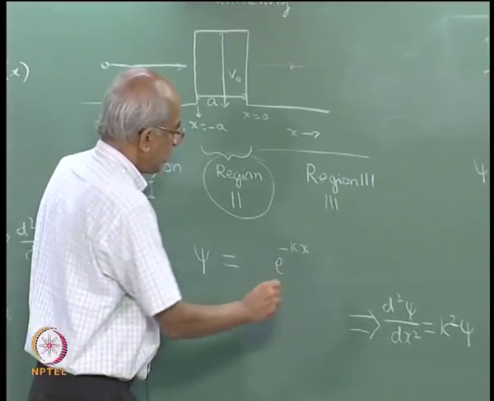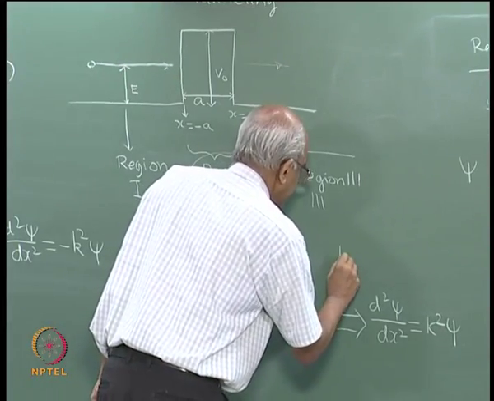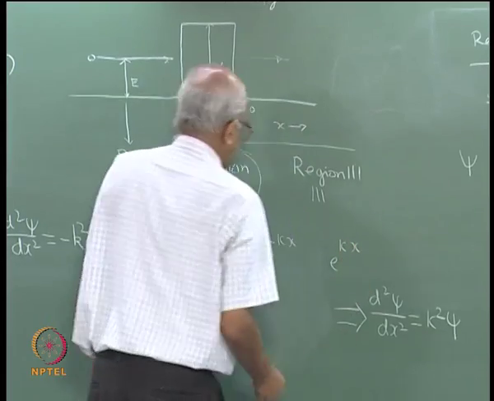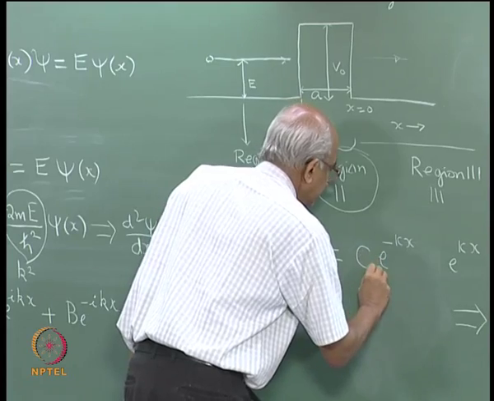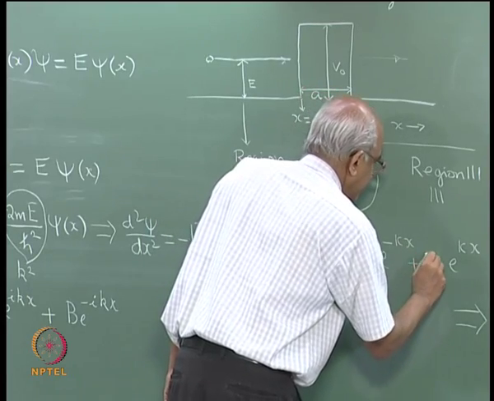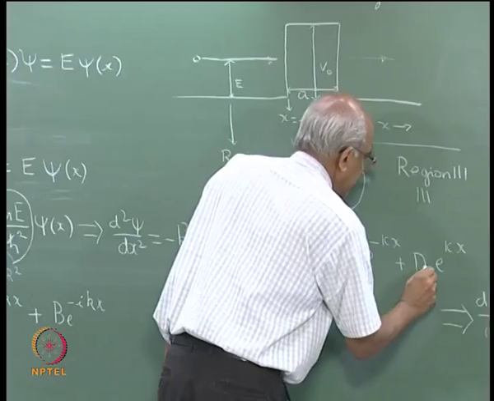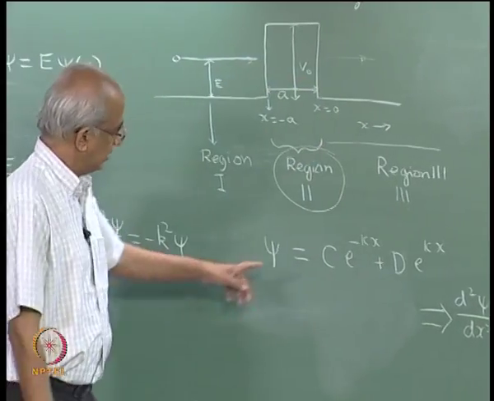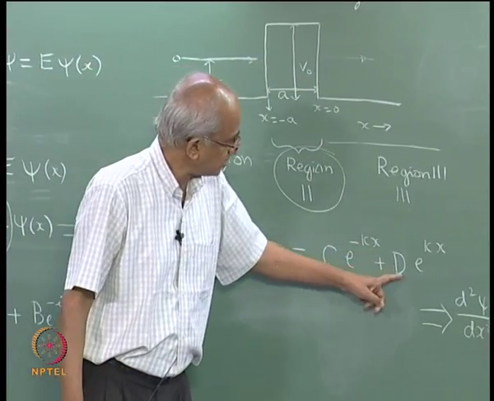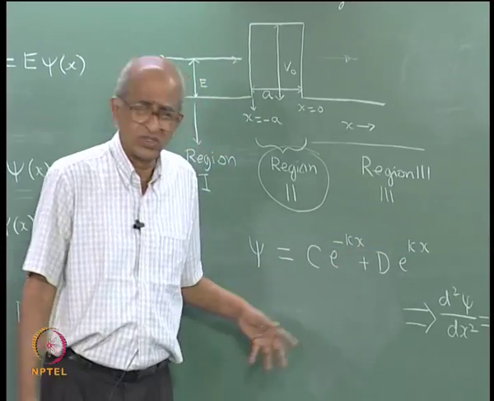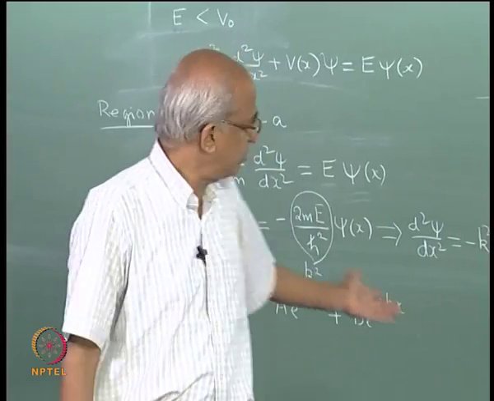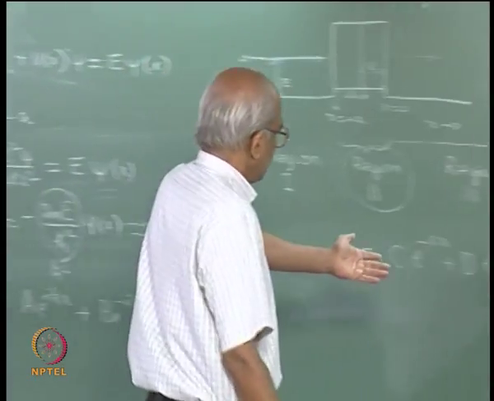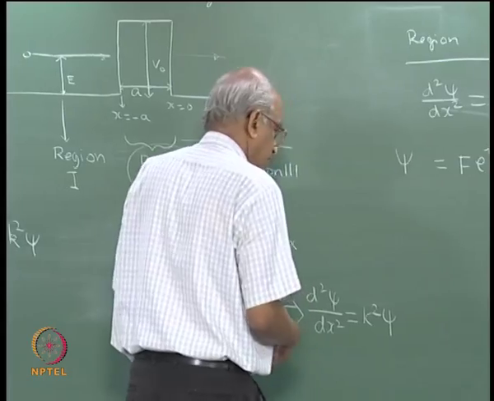You can also see that e to the power of plus kappa x is another solution, and in fact any combination of the form c e to the power of minus kappa x plus d e to the power of plus kappa x, with c and d being any two constants, is a solution of this differential equation, and therefore we have the solution now.